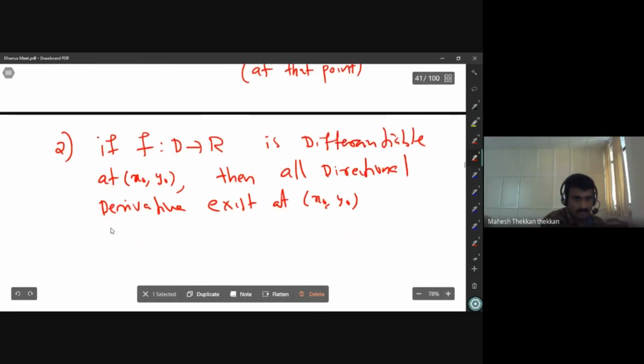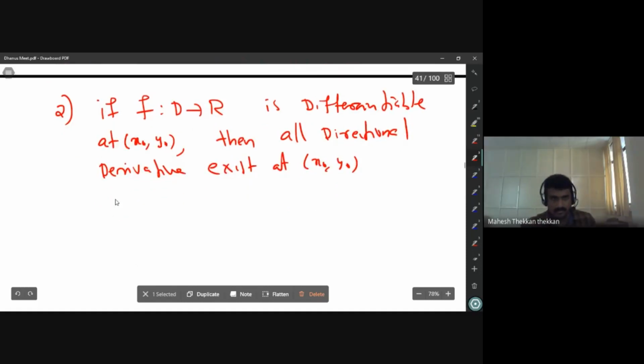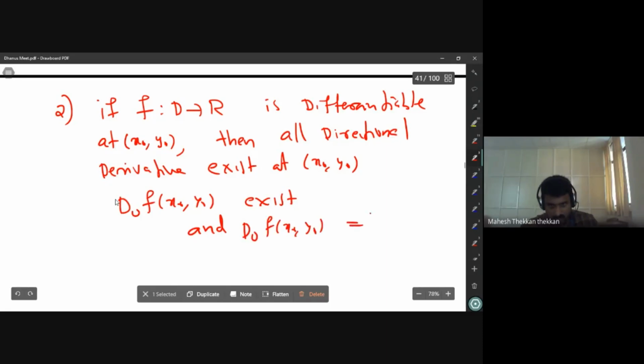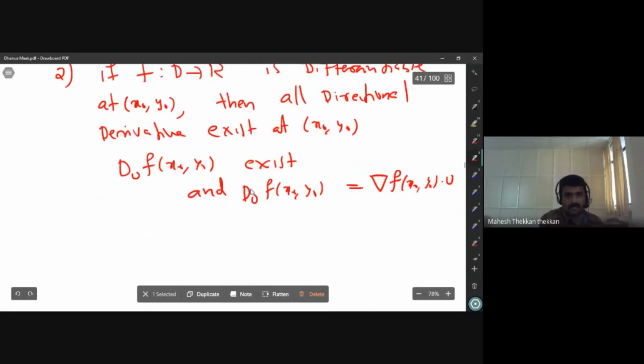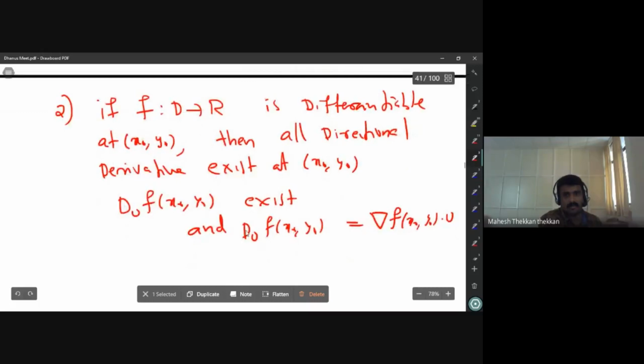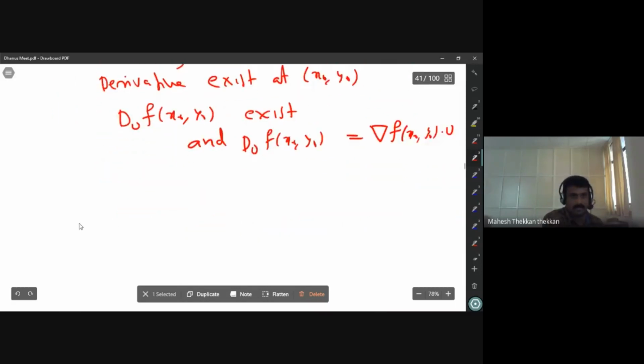That is, D_u of f at x naught, y naught exists, and D_u of f at x naught, y naught is equal to del f at x naught, y naught dot u. So this is what I wanted to point out. If the function is differentiable, then this happens.